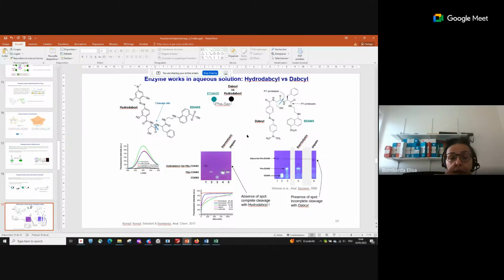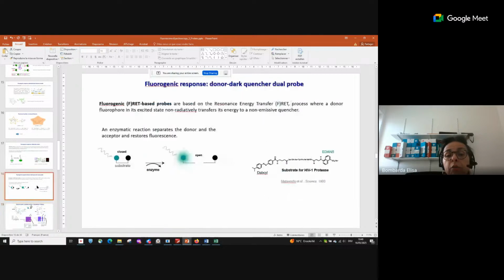And so this was a problem that we encountered in designing such a dual probe that I just described. As you see, we wanted to design such a probe, and we were inspired by the literature.